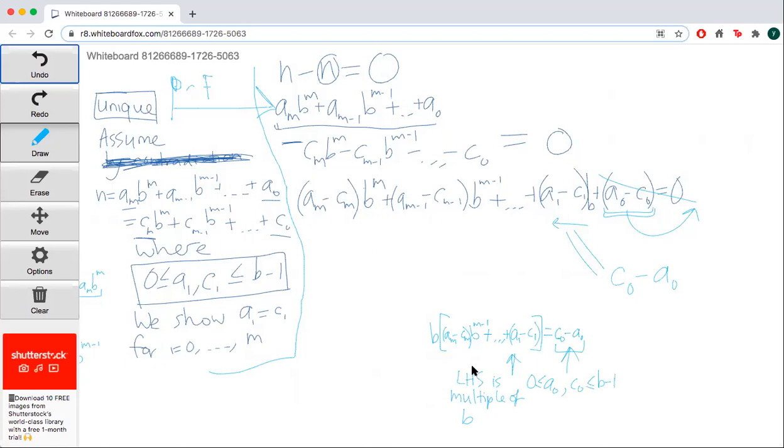So does someone want to tell me what we can conclude? So if my right-hand side has numbers which are less than or equal to b minus 1, but then this thing is also supposed to be a multiple of b, then what can I conclude?